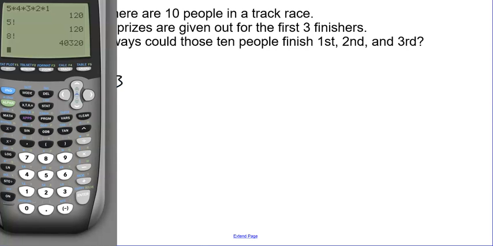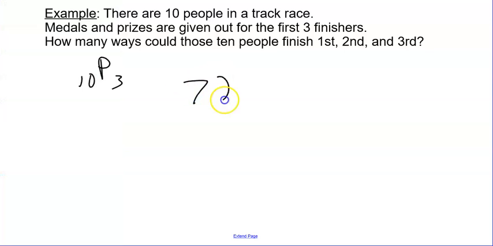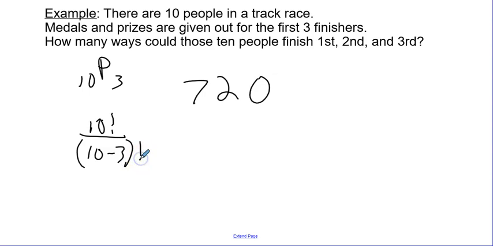Watch this. If we just hit 10 and then hit math and go over to probability, see that NPR? Permutation. 3, 720. There's 720 different ways 10 people could finish first, second, or third. Now, what's the math on this? Well, technically you do 10 factorial, and then you do 10 minus 3 factorial.